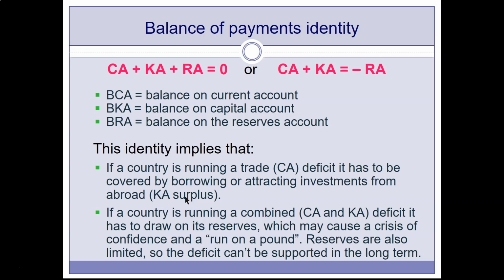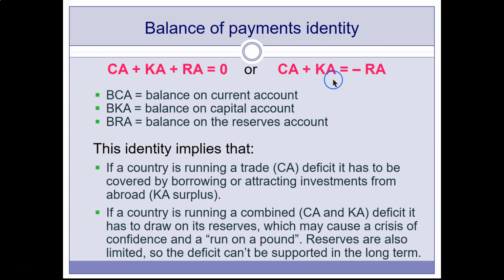Alternatively, if we cannot do this, if we don't have an investment climate which is attractive for foreign investors, and we are running combined deficits on both current and capital accounts, if both these numbers are negative, it means that we will need to rely on our reserves.